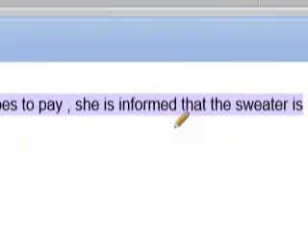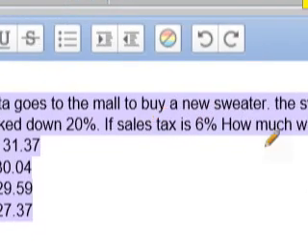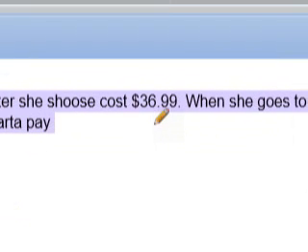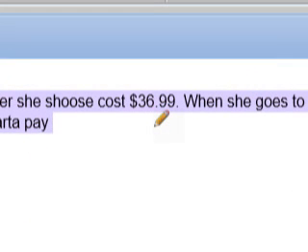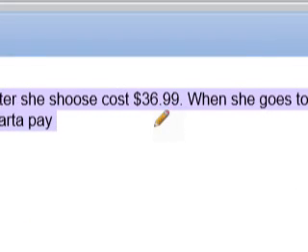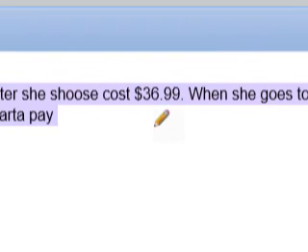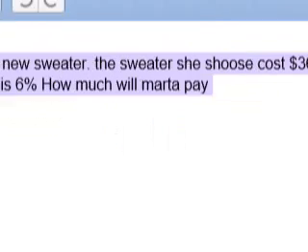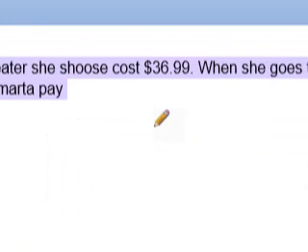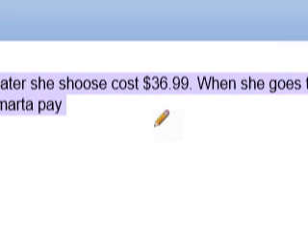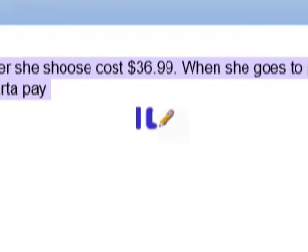They say the sweater is marked down 20%, so we need to subtract 20% of this. Remember, the best way to do it is to compute 10% first, since 10% is easy to compute.